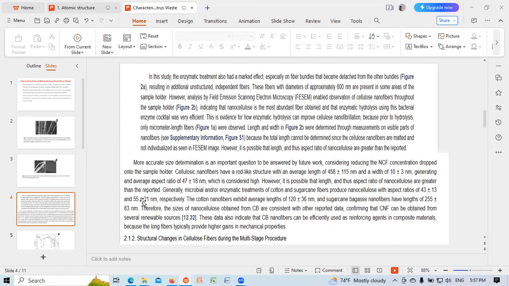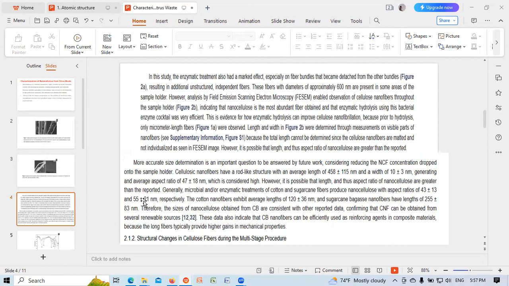Cellulosic nanofibers have a rod-like structure with an average length of 458 plus or minus 150 nanometers and a width of 10 plus or minus 3 nanometers, generating an average aspect ratio of 47 plus or minus 18, which is considered high.